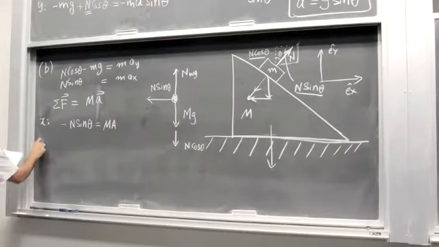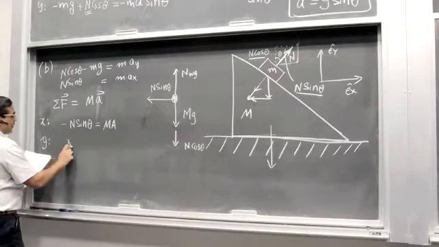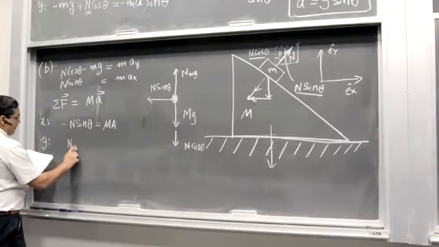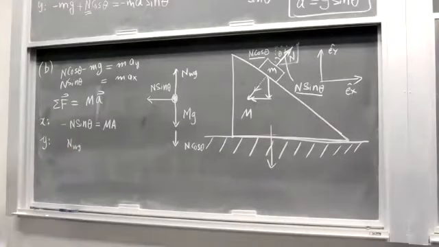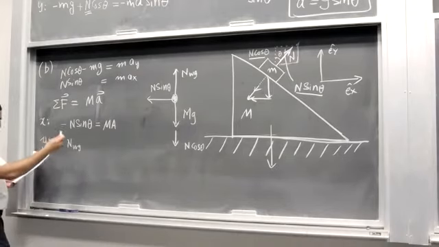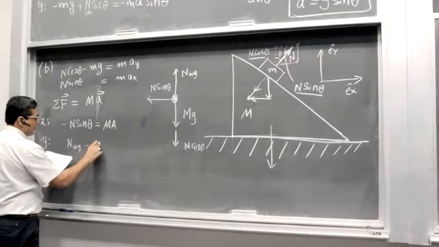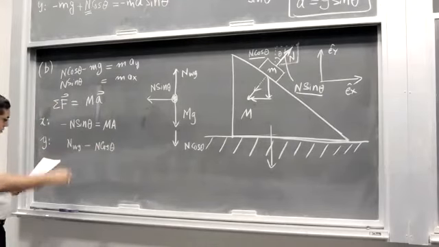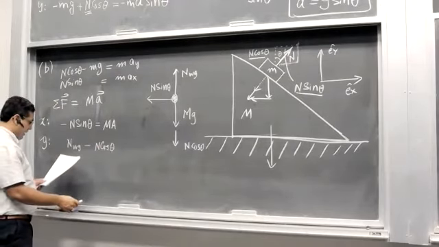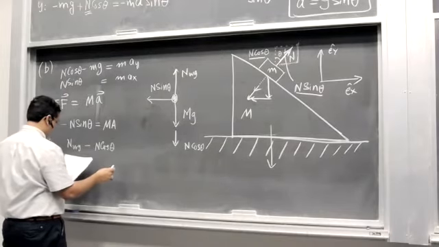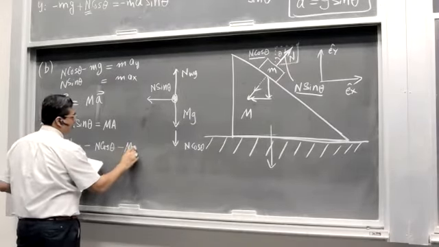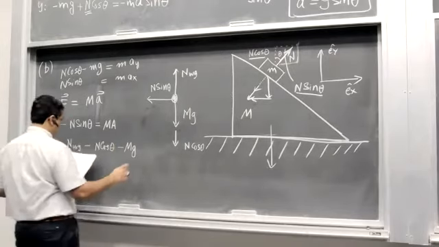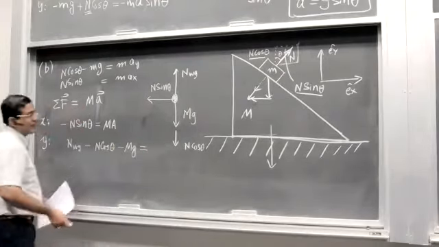So the second equation that we would get in the other coordinate direction would be the normal force by the ground on the wedge upwards in the positive direction, minus n cosine theta by the block downwards, and minus the weight of the wedge, equals the acceleration in the y direction.